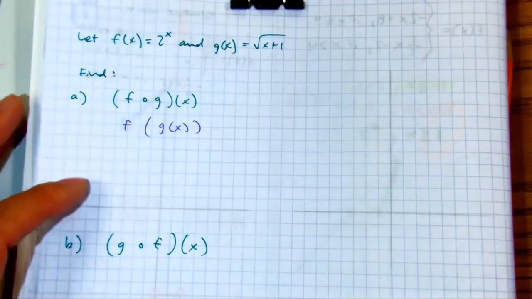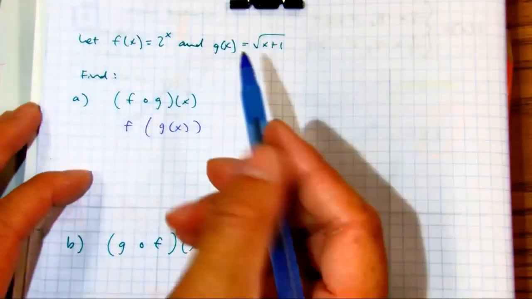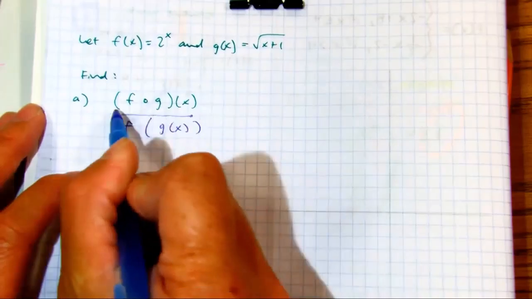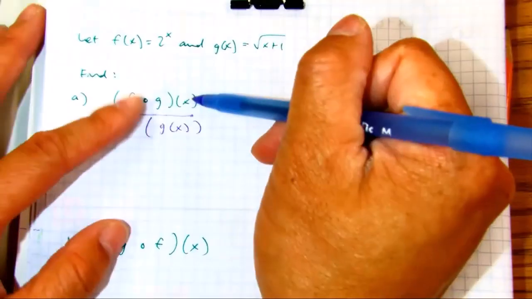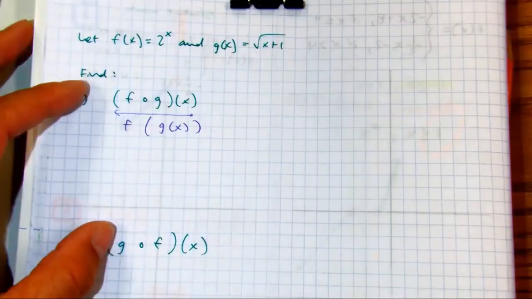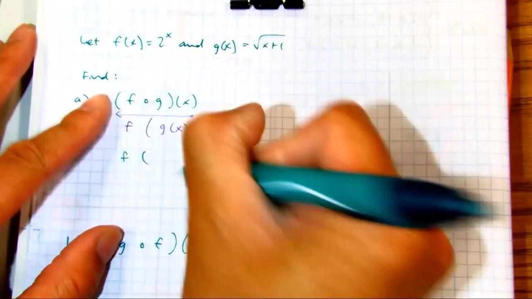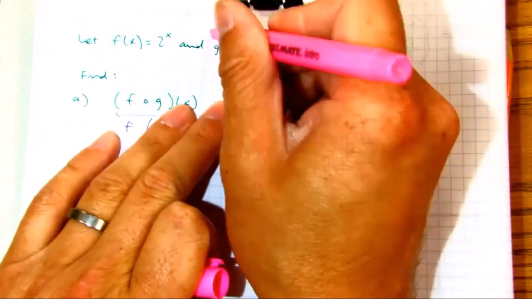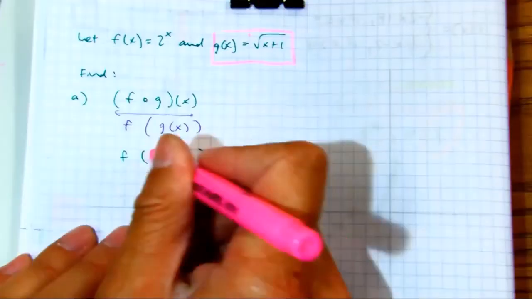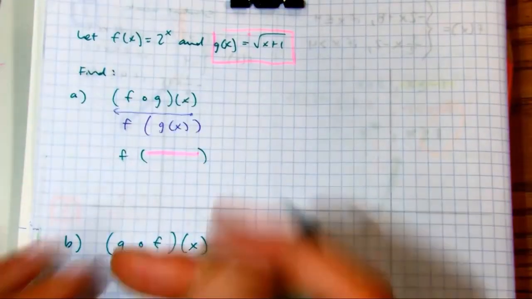In class, we talked about which direction do you work from? Right to left. So that means you're starting with the g of x first. What is g of x, class? The square root of x plus 1.